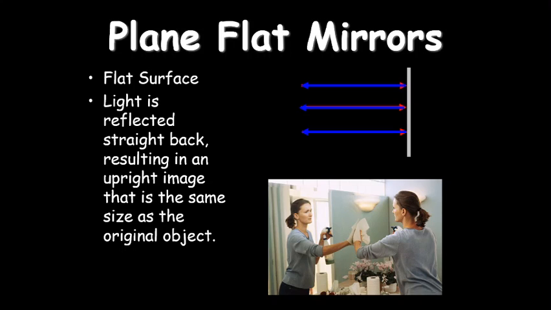The light is reflected straight back, resulting in an upright image that is the same size as the original object. Right? So you're standing there like the lady here, the light goes there, the light bounces back at that exact angle. Depending on where you're standing, it's going to give you an exact duplicate, right?